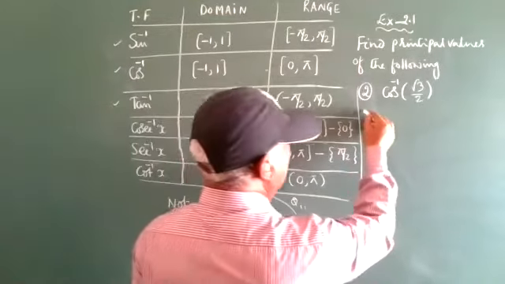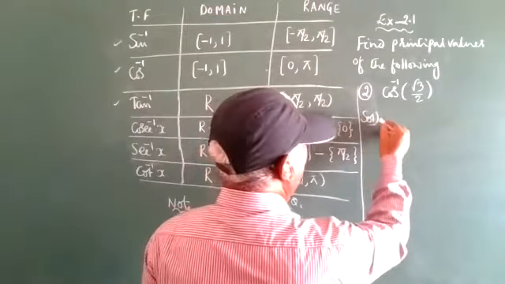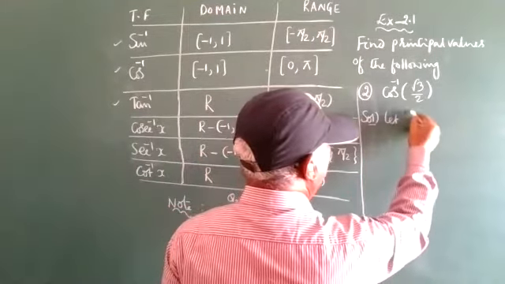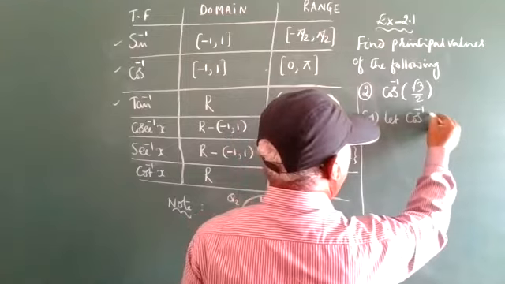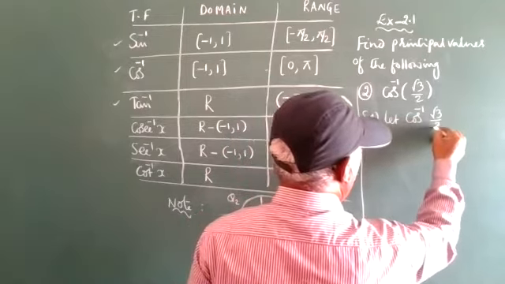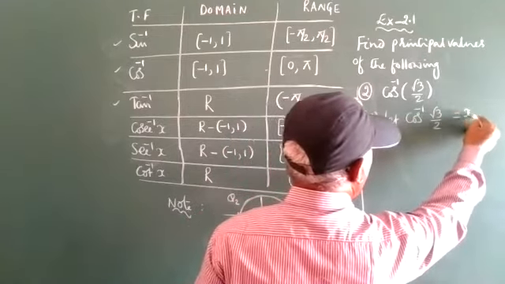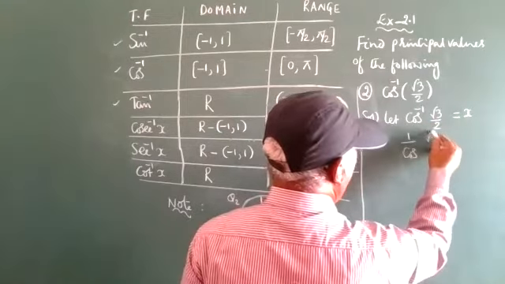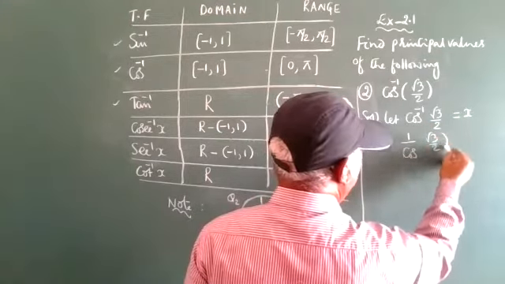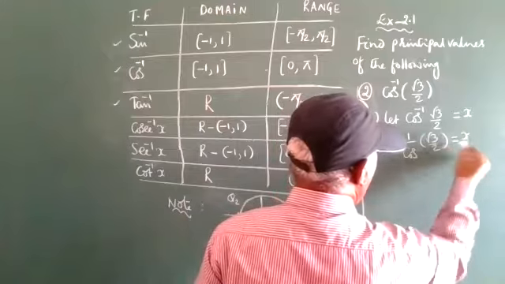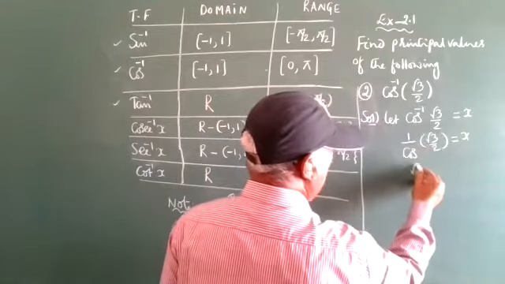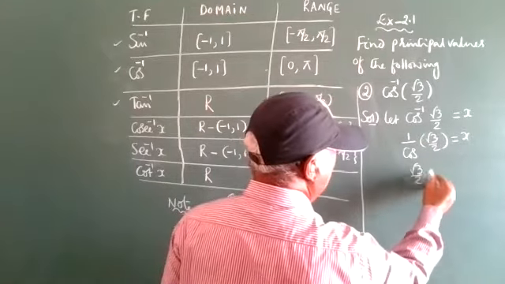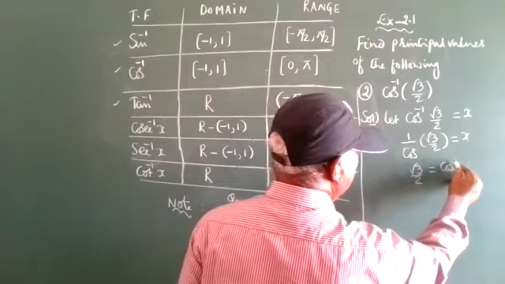Now see the solution. Let the principal value be x, cos inverse of root 3 by 2 is equal to x. Cos inverse means 1 by cos, so by cross multiplication, root 3 by 2 is equal to cos x.